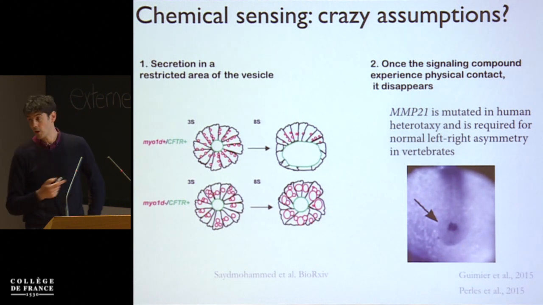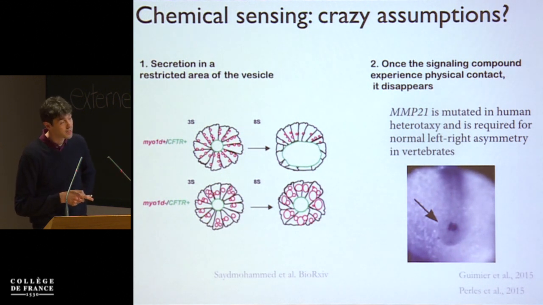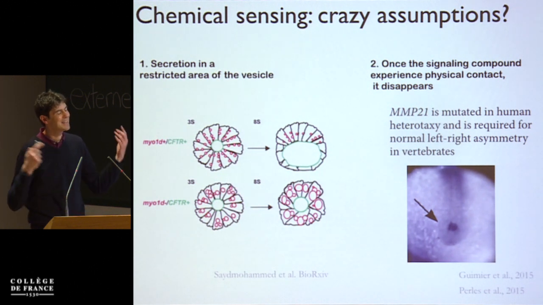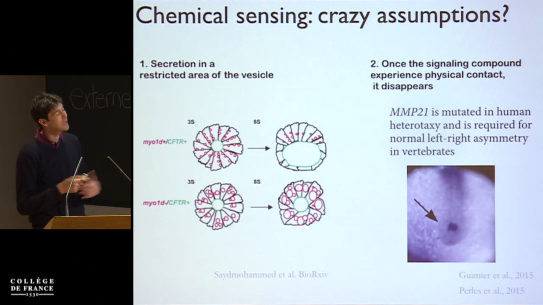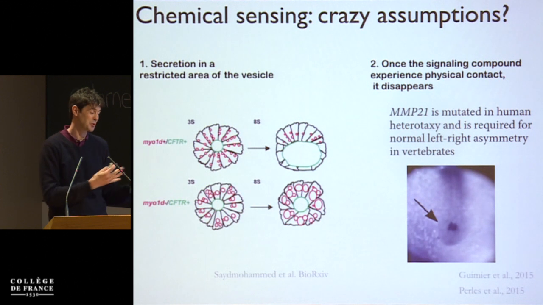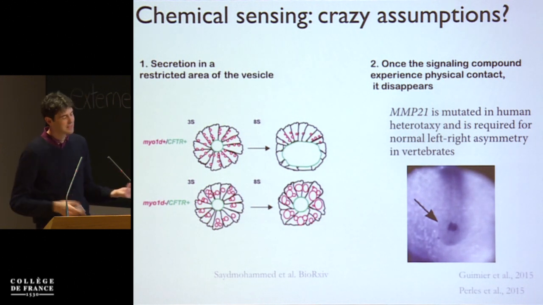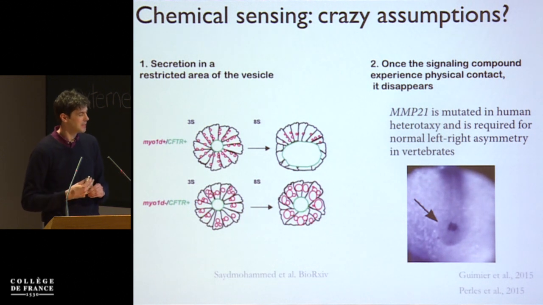And it seems to be a trend, because people have found other proteases which are also exclusively expressed in the left-right organizer that are essential for left-right symmetry breaking. So maybe we have assumptions which make sense, even though those observations are what they're worth.